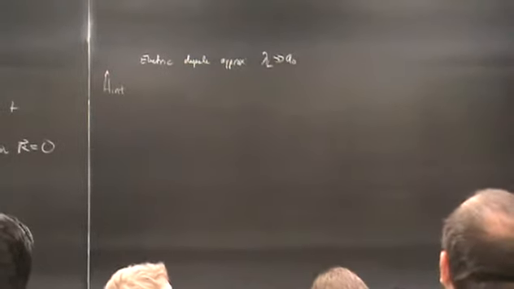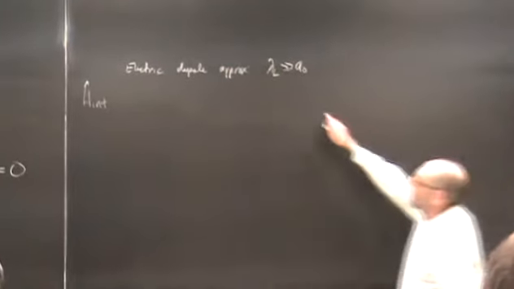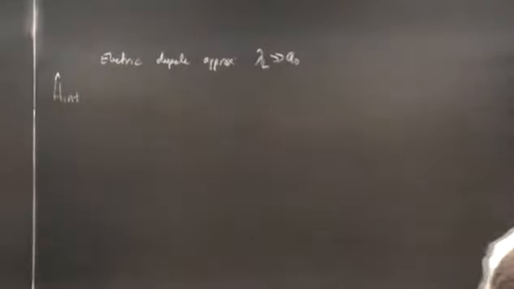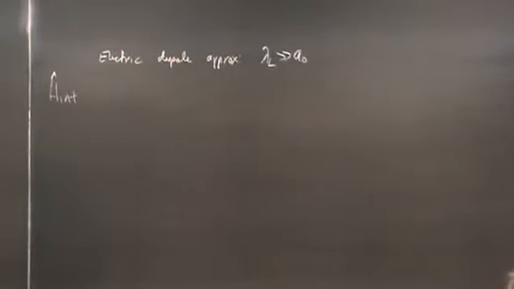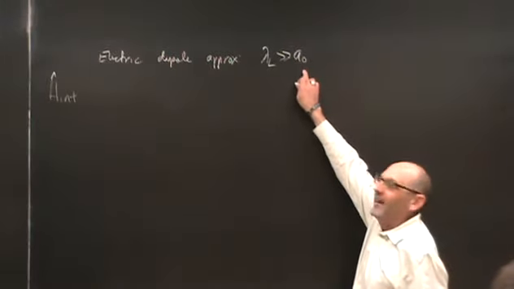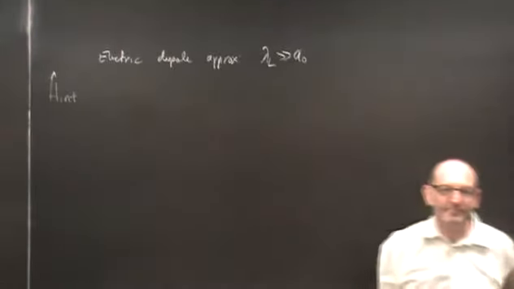Depends what the wavelength is. But unless I'm talking about gamma rays hitting my atom, this is a half of an angstrom, maybe hard X-rays. This is an excellent approximation, right?